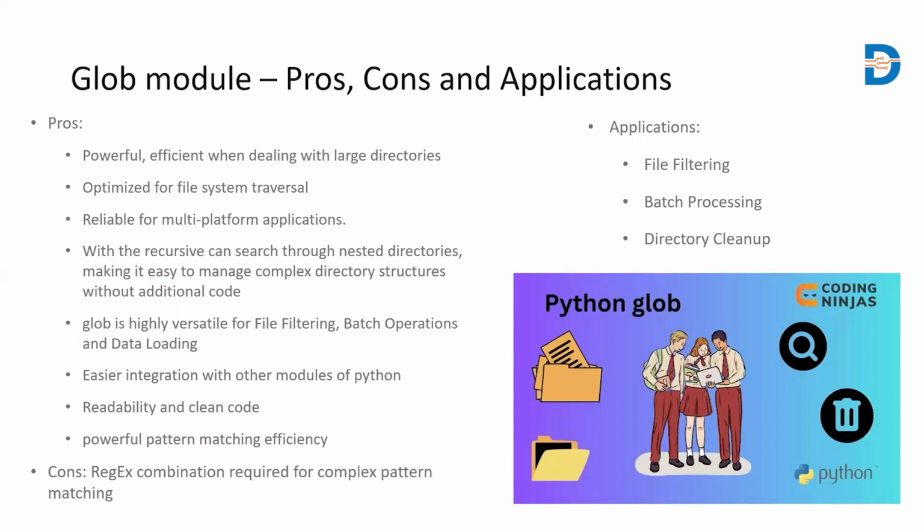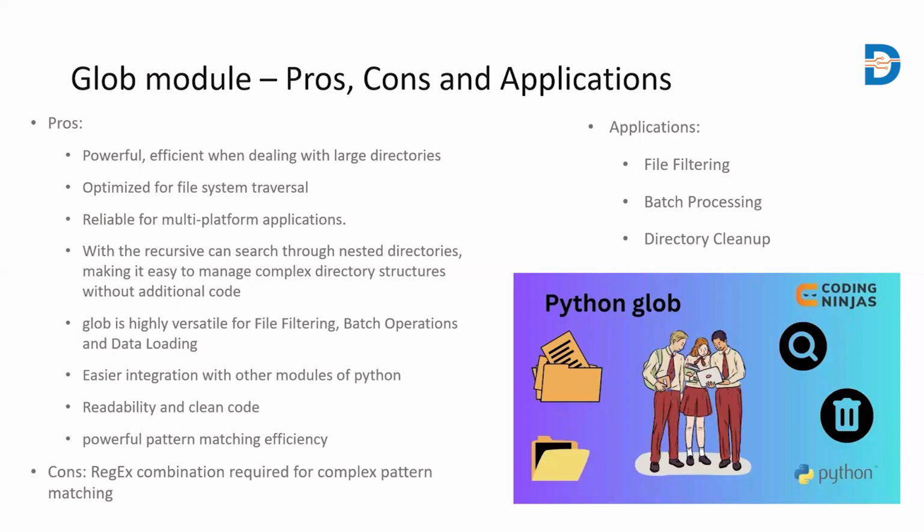This is also efficiently used for finding and loading multiple data sets. The bigger advantage that the Glob module offers is that it is a powerful and efficient way of dealing with large directories, and it also offers easier integration with other modules of Python. And the code that you write is pretty readable, simple, and clean.